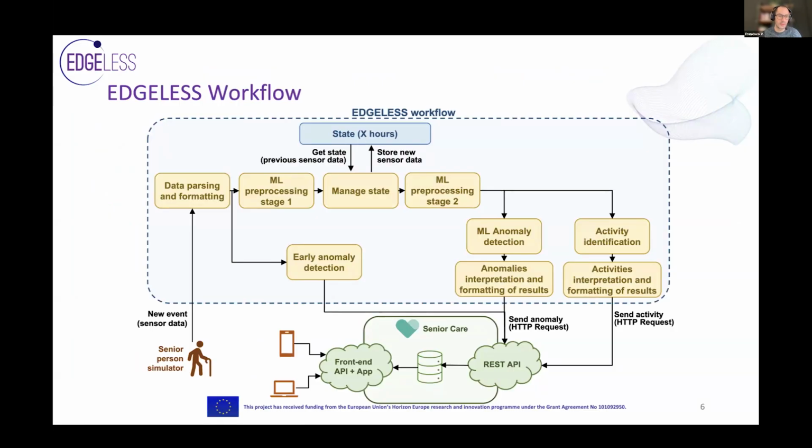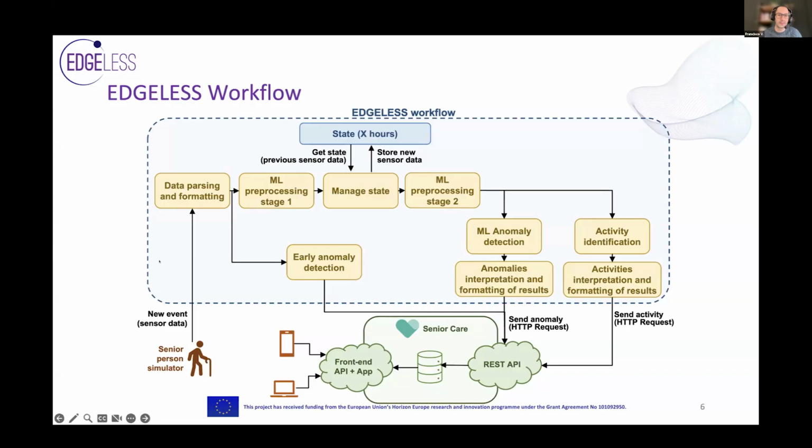Everything starts from the bottom left, in which we have the senior person simulator that emulates the behavior of these senior people at home by emulating the behavior of the different sensors that I have explained previously. So every time a sensor generates data, it triggers the execution of the Edgeless workflow, sending as an input the data generated by that sensor.